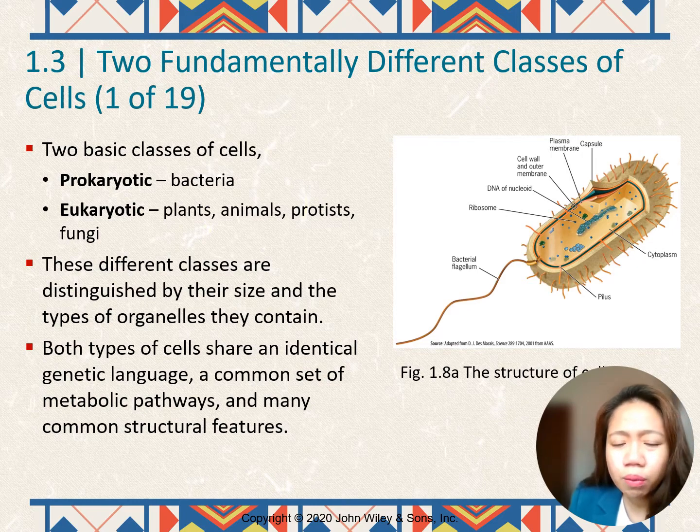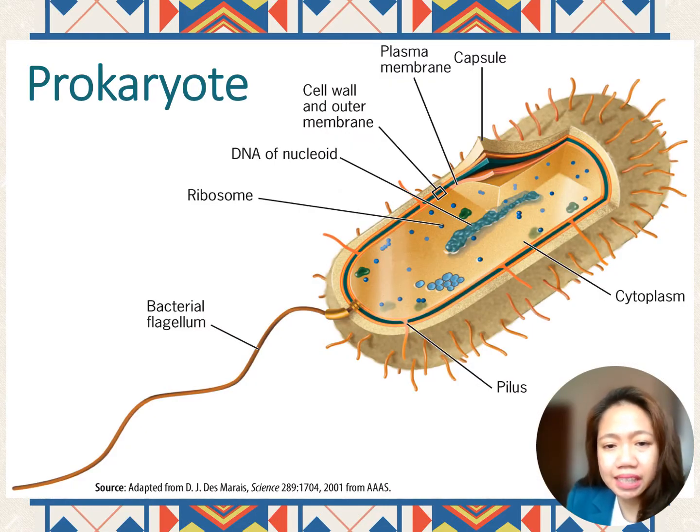Next, if we view the image of a prokaryote, you can quickly see how different they are from your typical eukaryotic cell. If you remember from our discussion, we had so many organelles and structures like the cell membrane, lysosomes, vacuoles, vesicles, Golgi body, but the prokaryotes are much simpler than that.